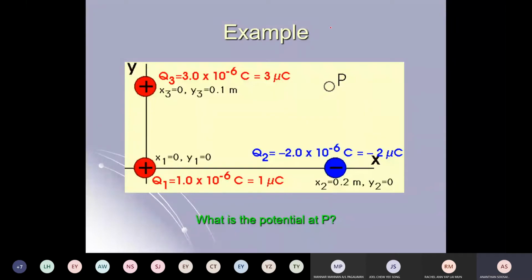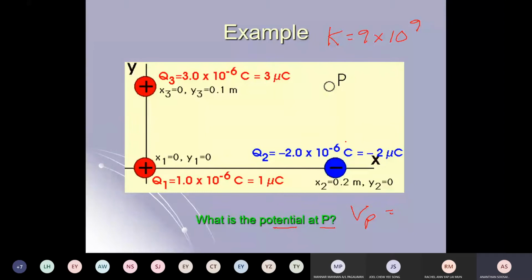Recall back, your K is 9 times 10 to the power of 9. Use this. Can you find what is the potential at P? The V at P is caused by these three charges: two positive charges and one negative charge nearby.